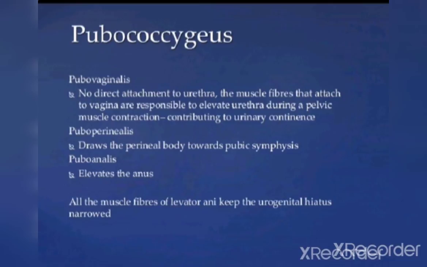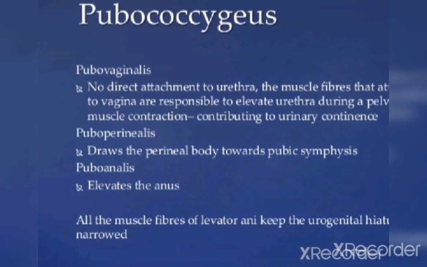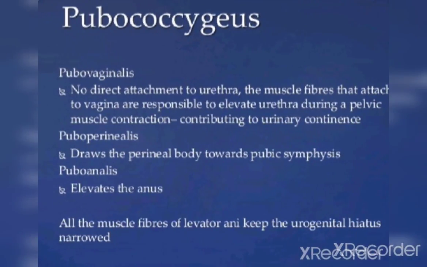Now next is the pubococcygeus. I will deal with every muscle one by one. Pubococcygeus is formed by the pubovaginalis, puboperinealis and the puboanalis muscle. Pubovaginalis has no direct attachment to the urethra. The muscle fibers that attach to the vagina are responsible for elevating the urethra during a pelvic muscle contraction, contributing to urinary continence.